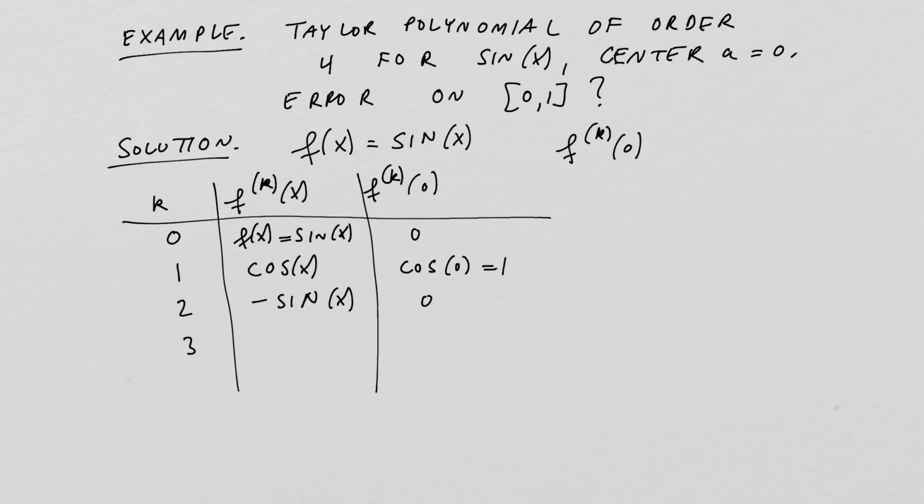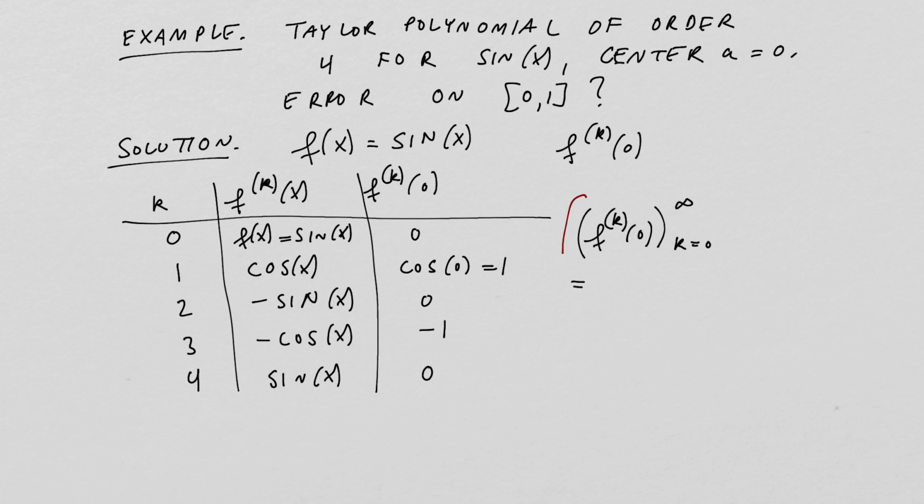Third derivative would be minus cosine, which gives minus 1. Fourth derivative would be sine of x, and our value is 0. So if we gather all the values of the derivative at 0, we get that the values will be 0, 1, 0, minus 1, and then again it will be repeating.